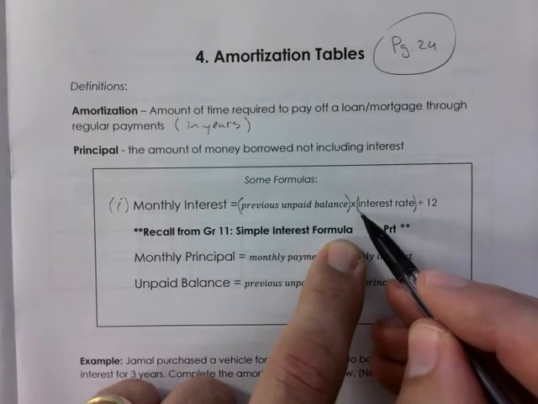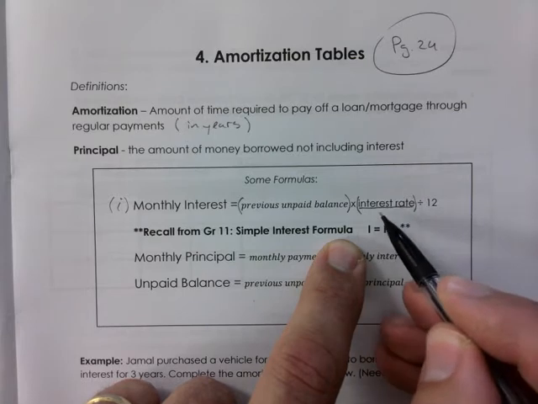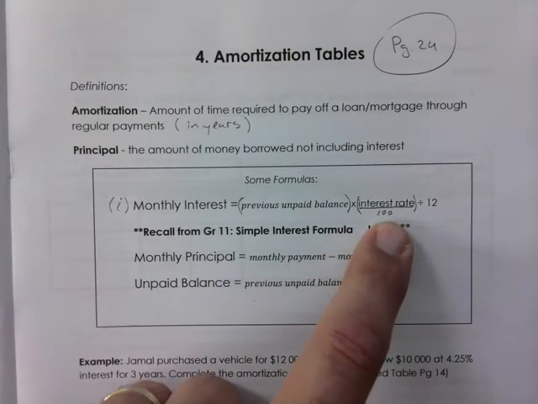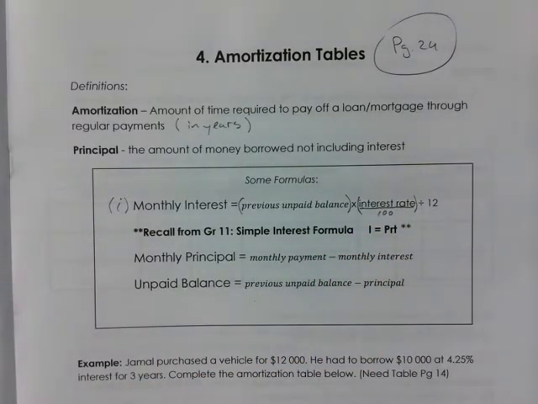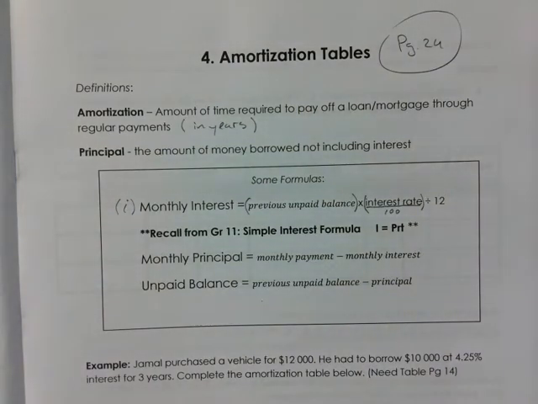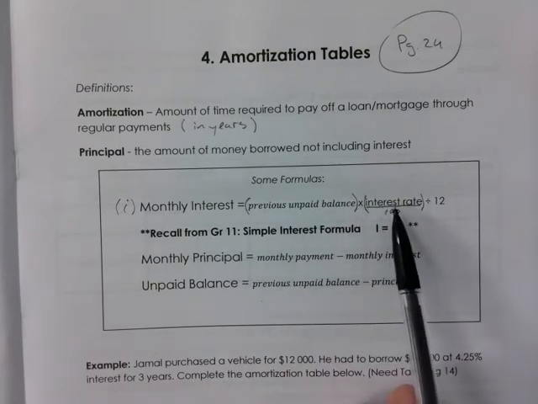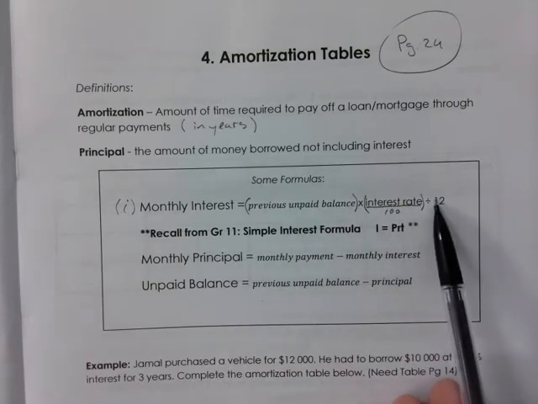And I will do over 100, because if you don't divide by 100, you're going to get it wrong. So make sure you add that, okay? This is lowercase i: the previous unpaid balance times interest rate divided by 100 divided by 12.